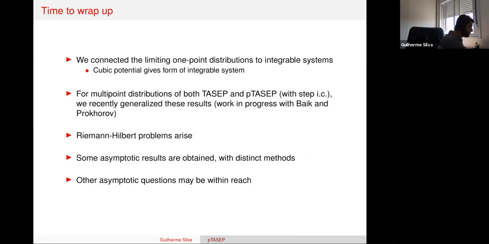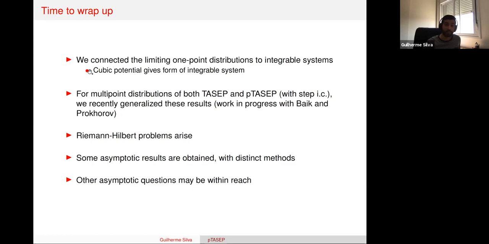Perfect, moving towards the end, let's just wrap up what we discussed. First off, we found several different presentations for the kernels, and that could possibly be of interest for different reasons. And we discussed how they are connected to integrable systems.